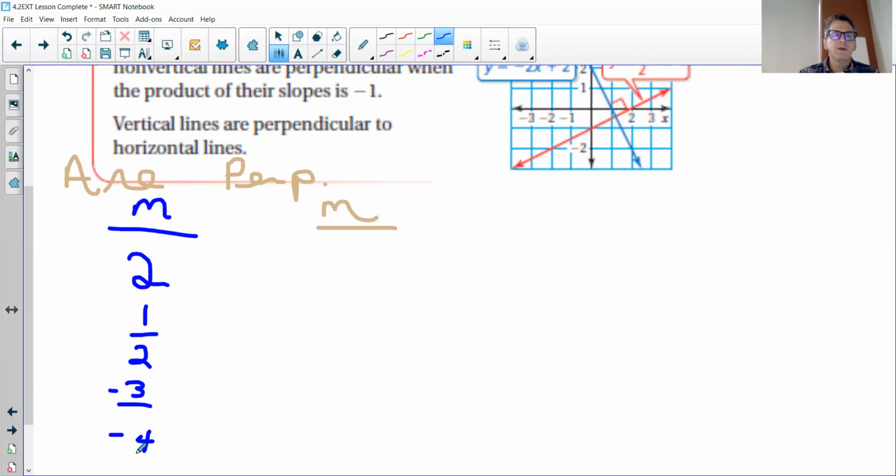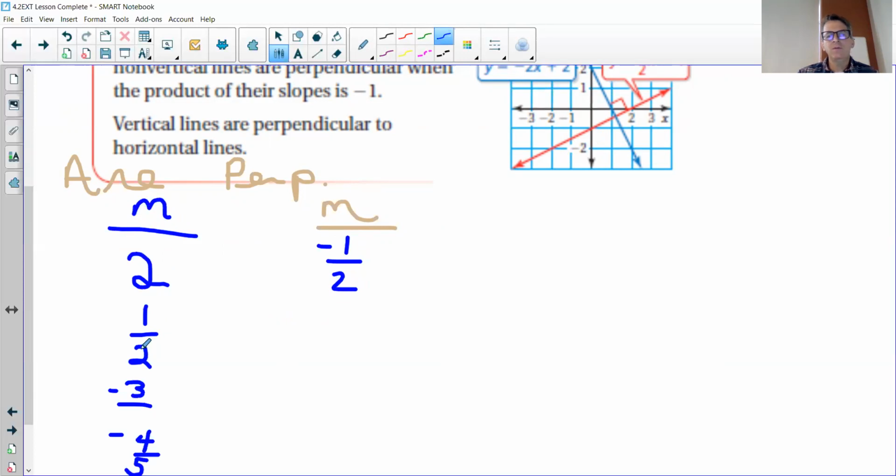What it means to be perpendicular and opposite reciprocals is that if you had a slope of 2, the opposite reciprocal line would have a slope of -1/2, because the opposite of positive is negative and the reciprocal of 2 is 1/2. The same thing with 1/2.